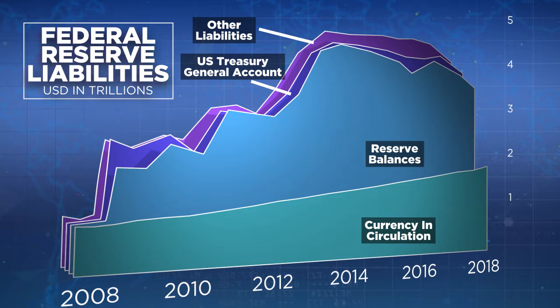If you look at what their liabilities are, and that's really kind of what goes to the core of what the Fed does, you'll see that there's the currency in circulation, the money in my wallet today, and the money that's going in the banking system for goods and services. That's first. The reserve balances that they keep for the U.S. banking system, and finally the U.S. General Treasury account. So they're like any other public or private company in that they have a balance sheet where they've got liabilities and assets.